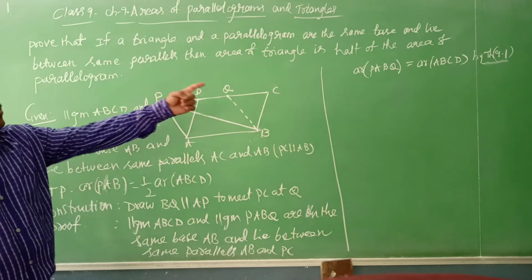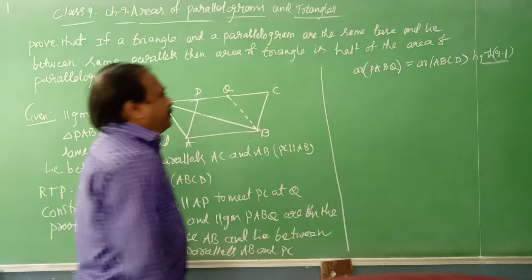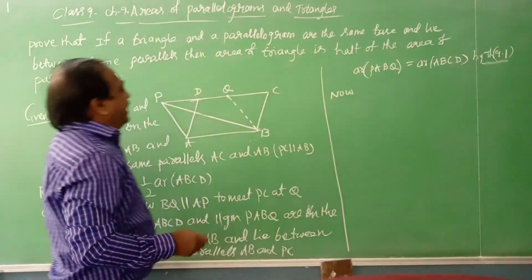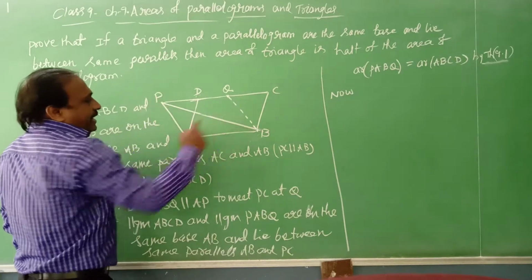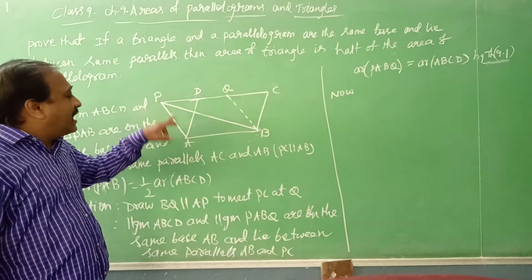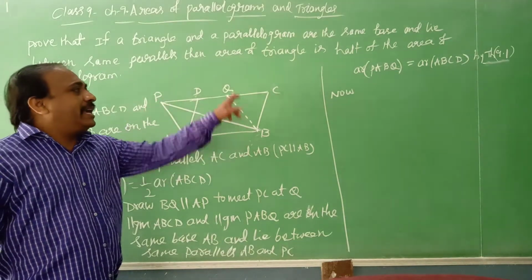Now observe it. PB is the diagonal of parallelogram PABQ.